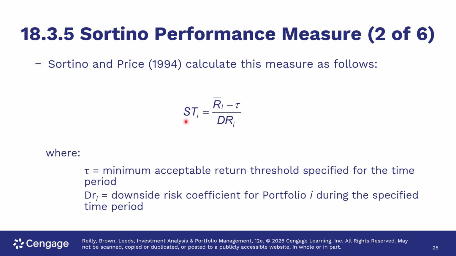So the Sortino measure is the average return to a risky portfolio I minus tau. Remember, tau is that minimum acceptable return threshold, divided by the downside risk measure. And so we'll have to come up with that. We're only going to include the returns in the downside risk measure that fall below the average. And we'll do that.